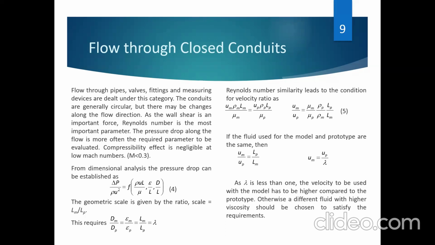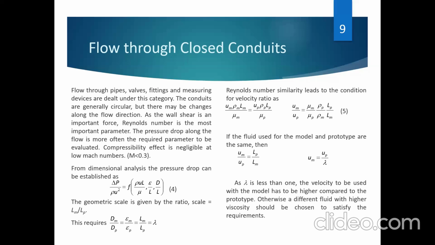Equation 4. The geometric scale is given by the ratio scale is LM over LP. Note, M model, P prototype. This requires dm over dp is equal to em over ep is equal to lm over lp is equal to lambda. So yan yung scale factor. So Reynolds number similarity leads to the conditions for velocity ratio. So rho m Um Lm over mu m is the Reynolds number, also equal to rho p Up Lp over mu p.